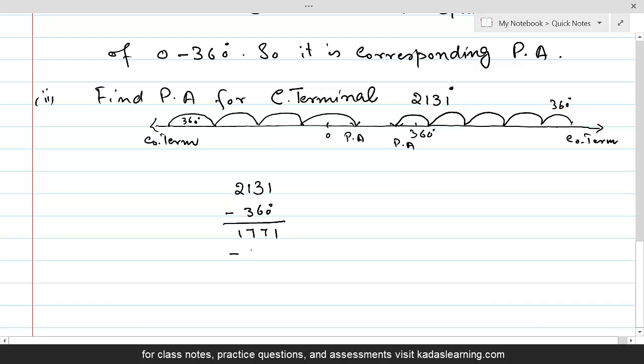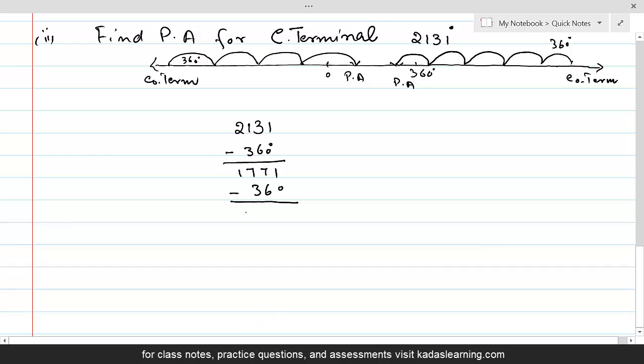We again subtract 360, we will get 1411 degrees, and 1411 minus 360 again, we will get 1051 degrees.